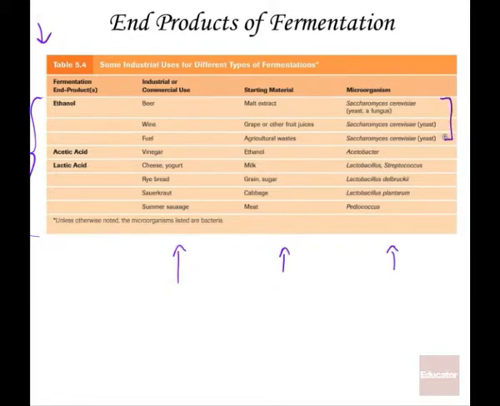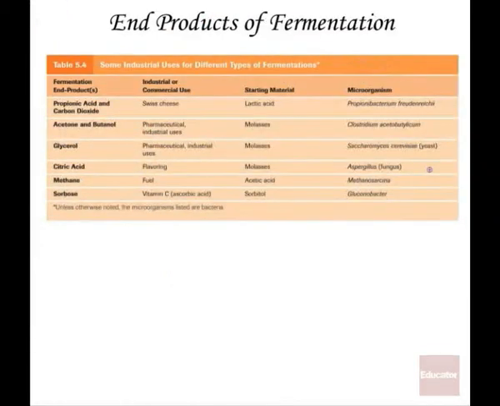And then these various dairy products, cheese, is also produced by lactobacillus, which is a bacteria, of course, and certain breads and sauerkraut and sausages, those are all produced by bacteria.